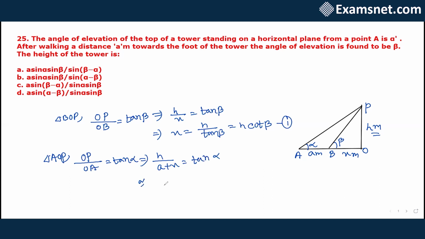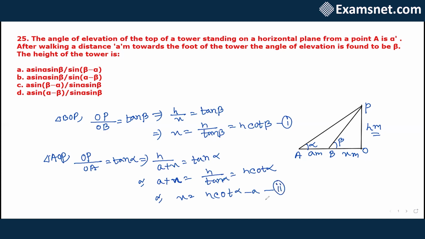Further, we can write a plus x as h by tan alpha, that means h cot alpha. So from here, we can write x equals h cot alpha minus a. Let's name it equation 2.